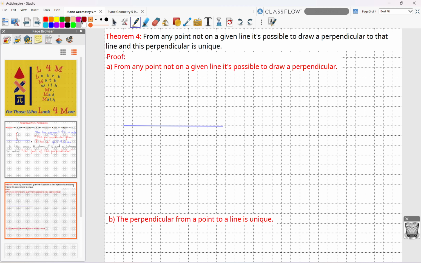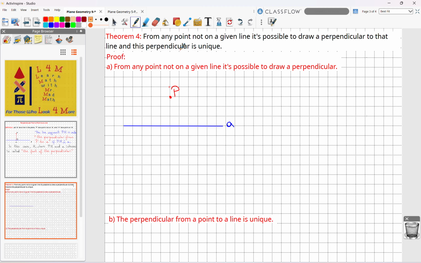Theorem 4 says, from any point not on a given line, let me say line A and point P, not on line A, it's possible to draw a perpendicular to that line. So from P to the line A, it's possible to draw a perpendicular.